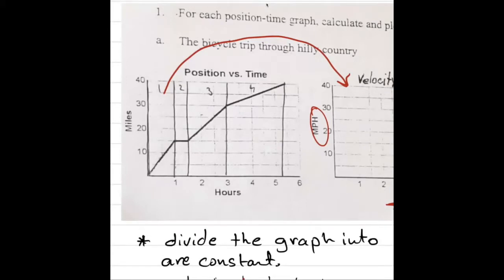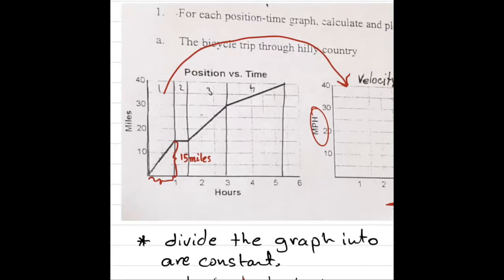And as we did the calculation for the slope before, that's going to give us the velocity. We can do the same calculation here. We'll look at the graph and we'll go, oh, it's the rise, which is 15 miles over the run.